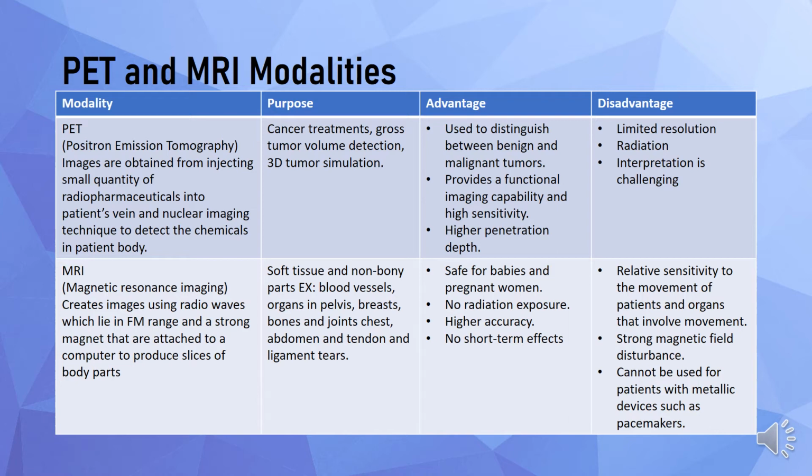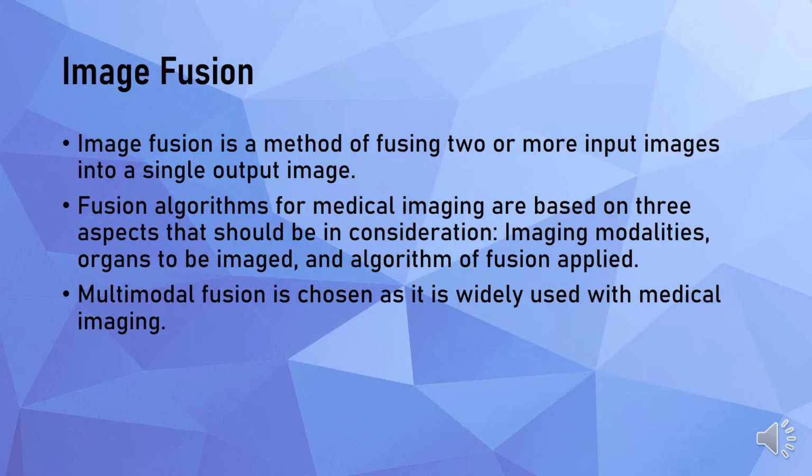The advantages are it is safe for babies and pregnant women, no radiation exposure, higher accuracy, no short-term effects. And the disadvantages are the relative sensitivity to the movement of patients and organs that involve movement, strong magnetic field disturbance, and it cannot be used for patients with metallic devices such as pacemakers.